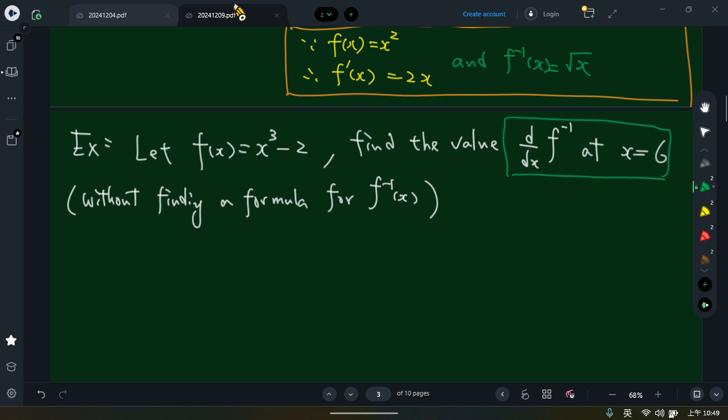So if the question just requires you to calculate the inverse at x is equal to 6, so if x is equal to 6 for inverse, that is from the f inverse viewpoint.